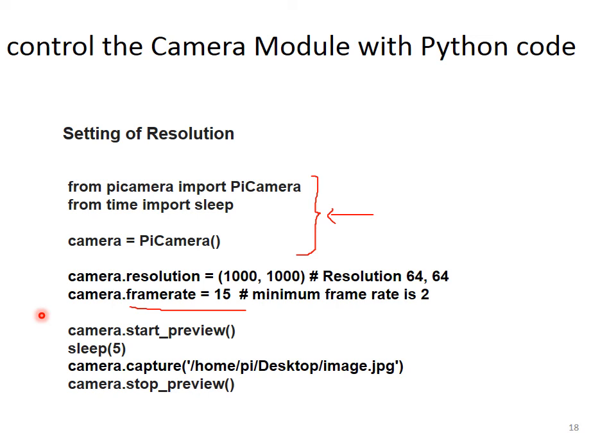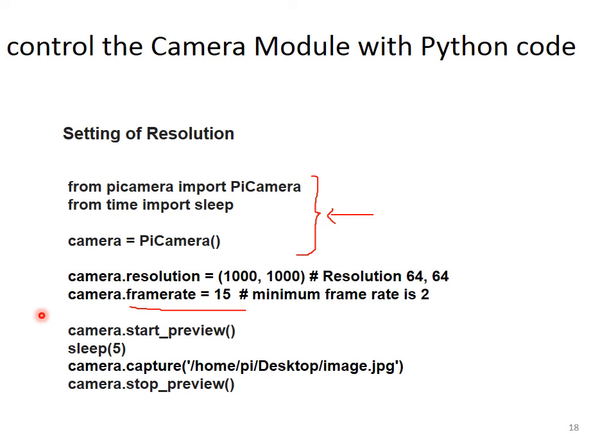Make sure, dear students, that the library allocation and calling is the same, and the camera initialization instruction is also the same. With camera.resolution, you are keeping this resolution at 64 by 64.